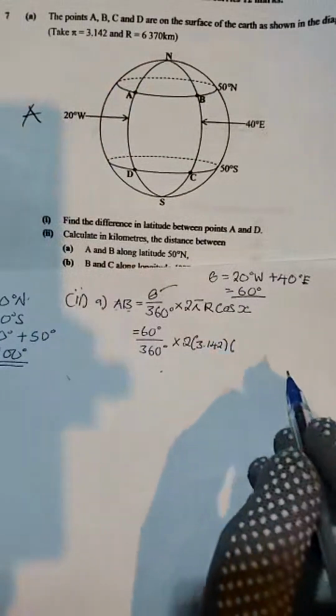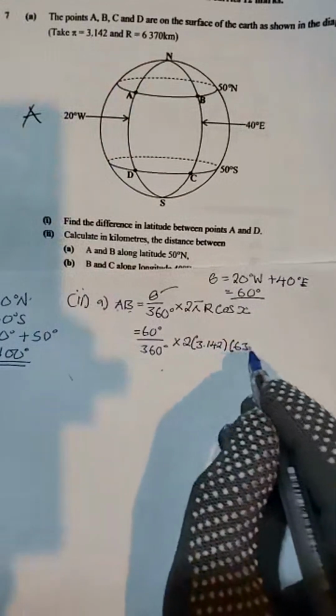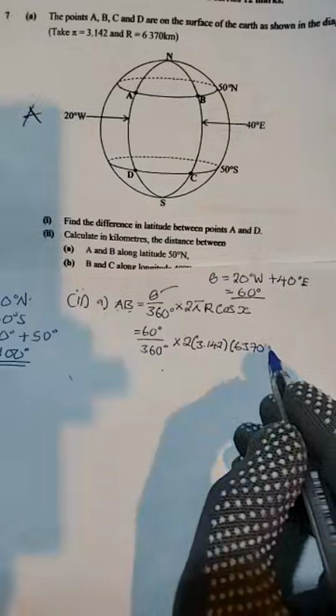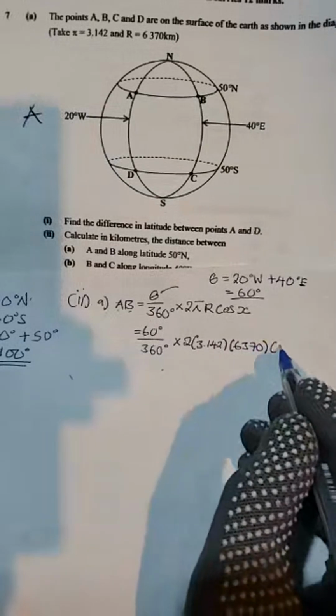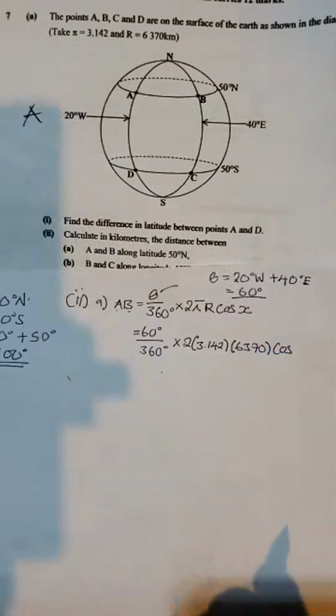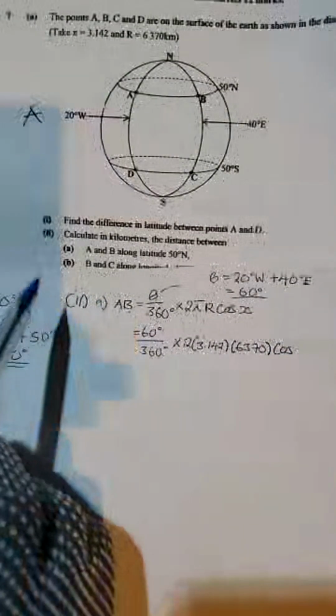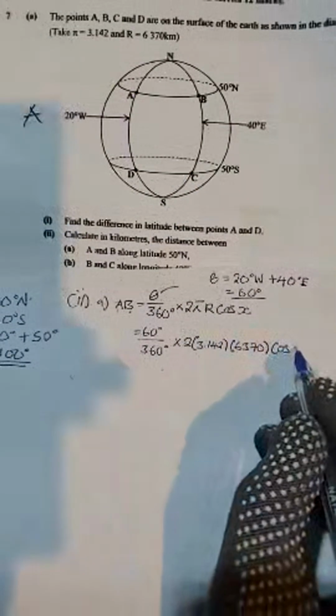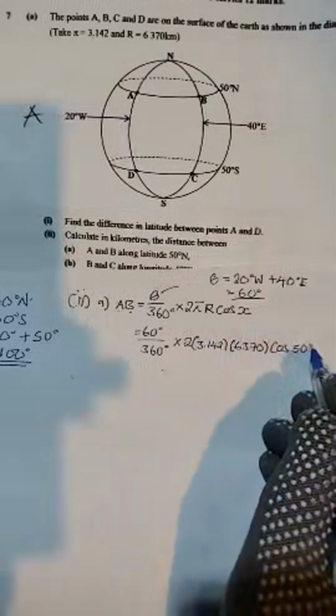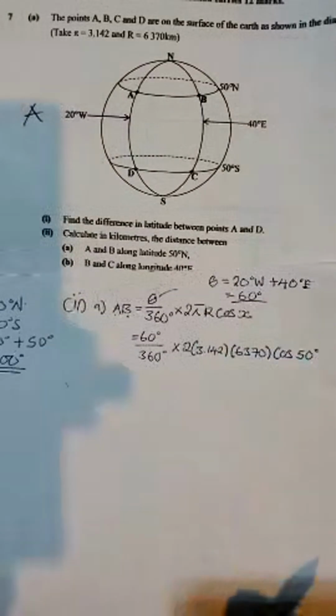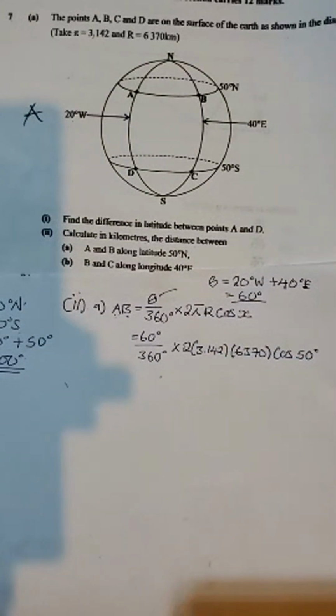Multiply by cos x. Now what is x? x is the latitude on which points A and B are, so it is 50 degrees. I've just substituted.